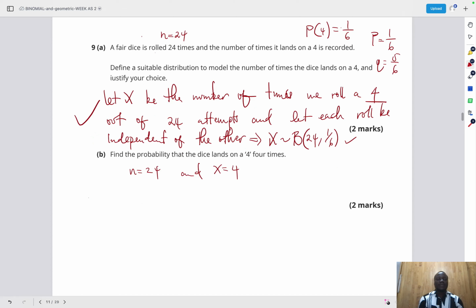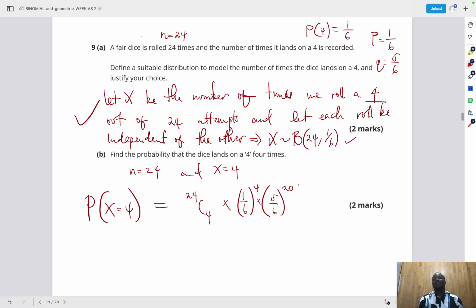The probability that x is 4 is equal to 24 choose 4 times the probability of success, 1 out of 6 to the power of 4, times the probability of failure, 5 out of 6 to the power of 20. I'm sure you know how I'm getting 20. It's 24 minus 4.